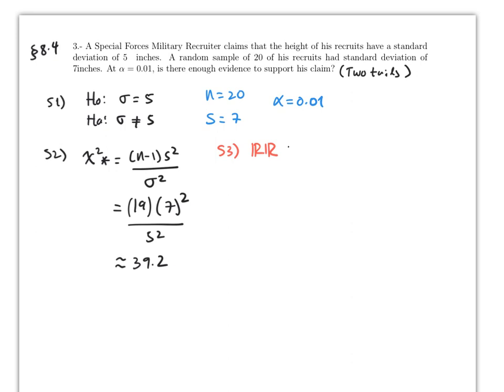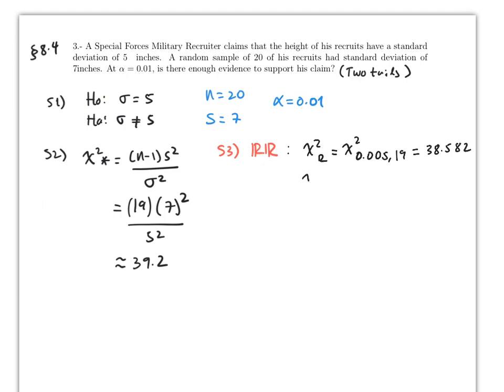So first you need to figure out chi squared right, which is chi squared of alpha divided by 2, and then the degrees of freedom is n minus 1, which is 38.582.